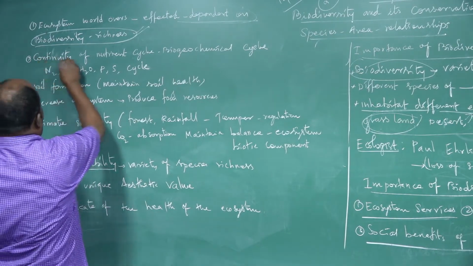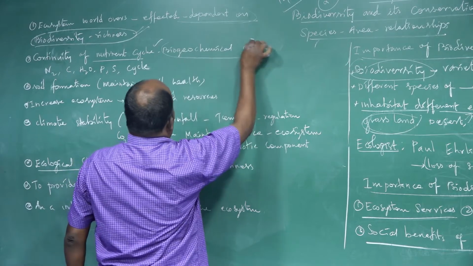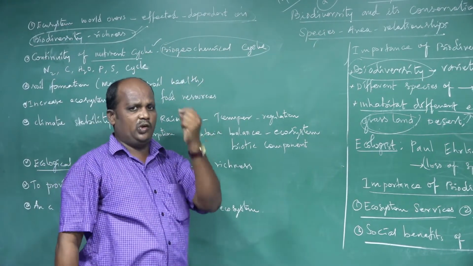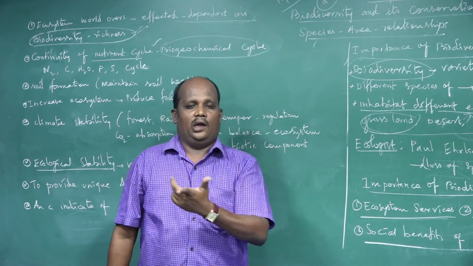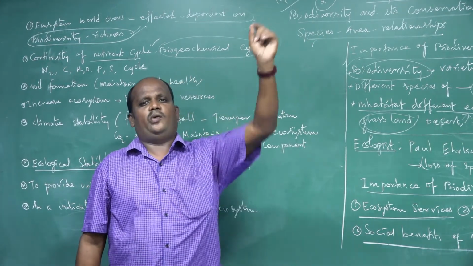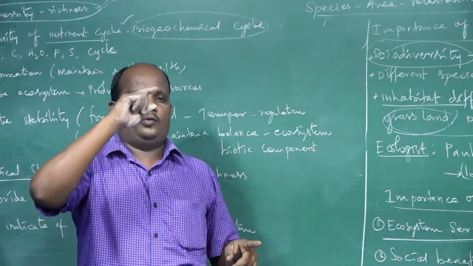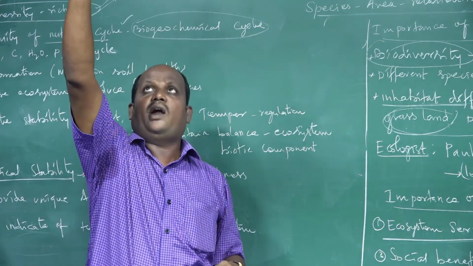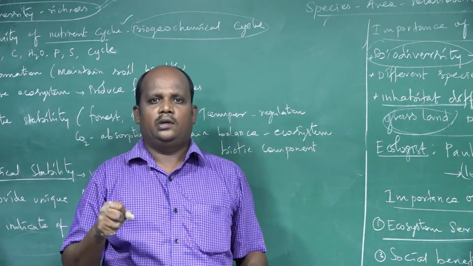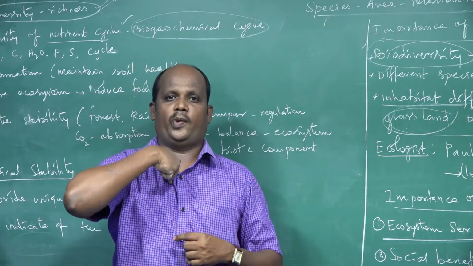Next one is continuity of nutrient cycles through the biogeochemical cycle. What is the meaning of biogeochemical cycles? The biological process starts from ocean water. Ocean water provides rainwater, rainwater reaches the earth surface, and from the earth surface it is taken by plants, plants are consumed by animals, animals are consumed by humans.